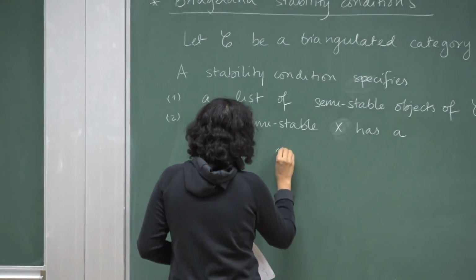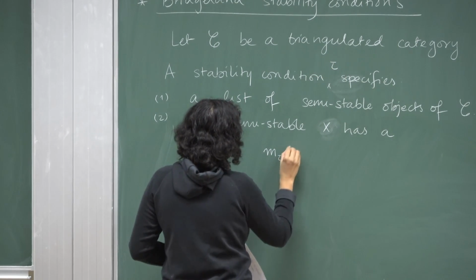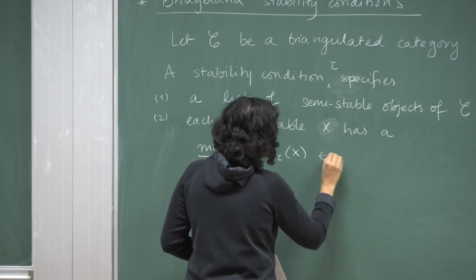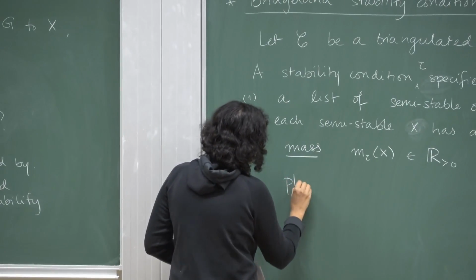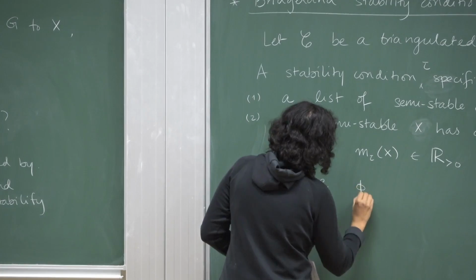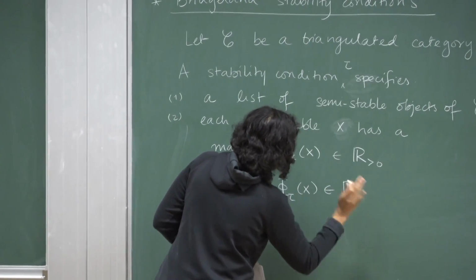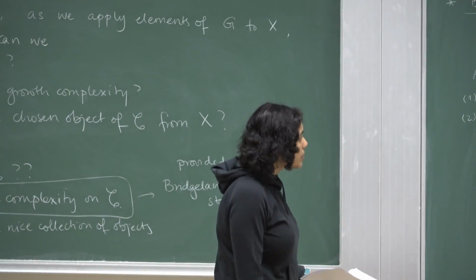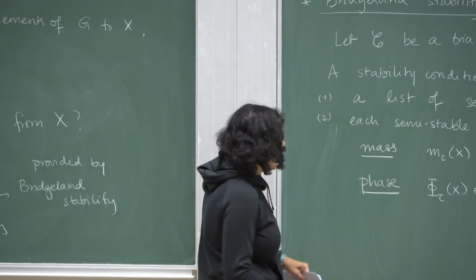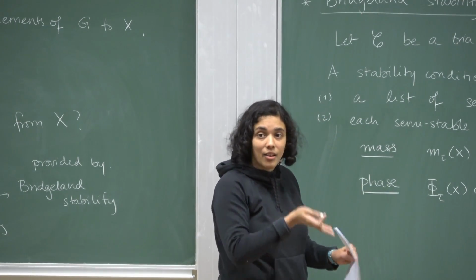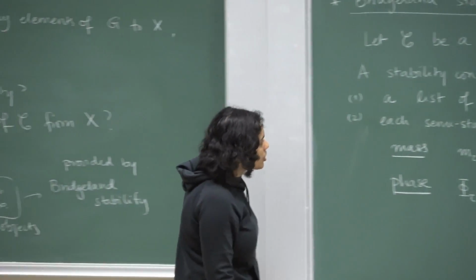It has a mass, which, since my stability conditions are typically called tau, I'll write m_tau of X. This is a positive real number, and it also has a phase, and this is simply a real number. If you're familiar with slope stability, then the mass and phase are typically combined into one thing called the slope, and the phase should be thought of as the angle of the object. So this is a direct generalization of GIT stability.